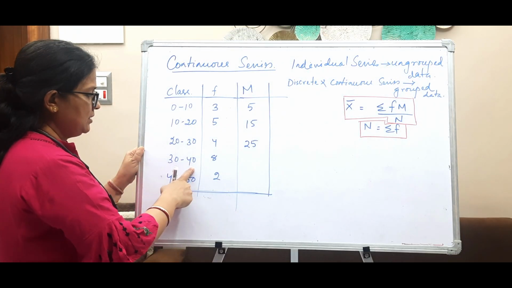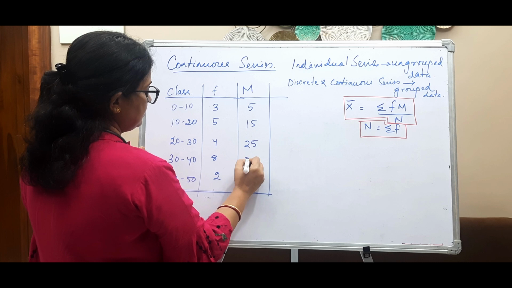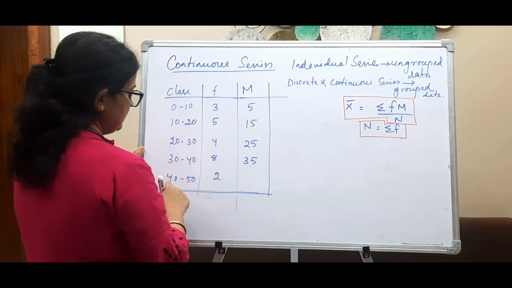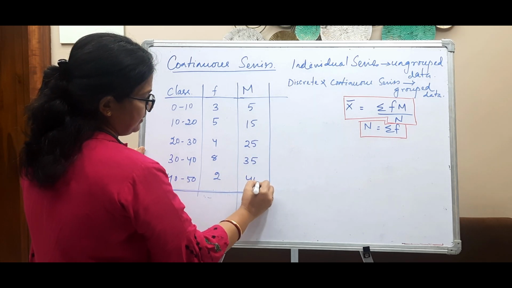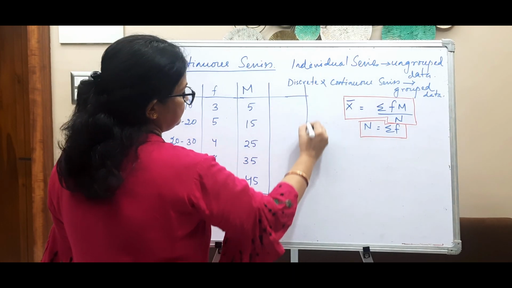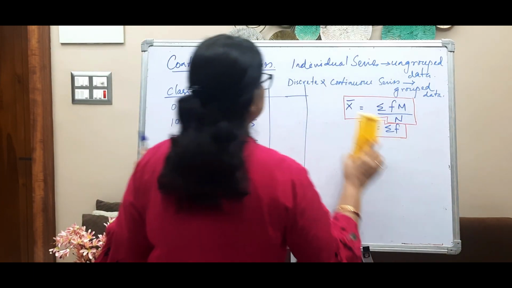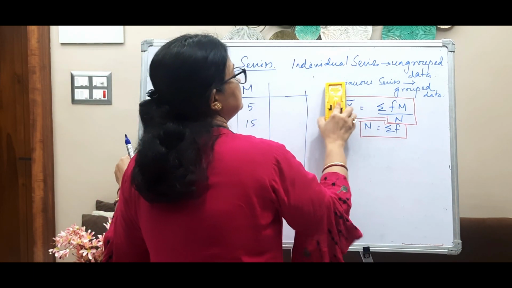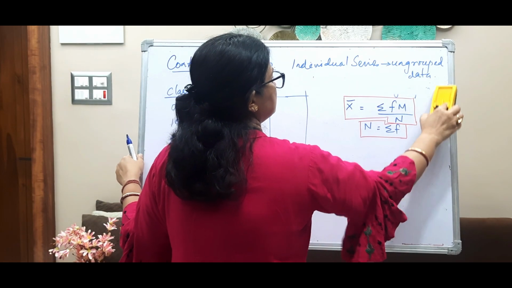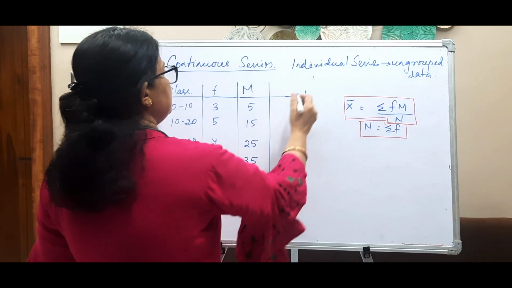The same way, 70 divided by 2 is 35, and 90 divided by 2 is 45. So see what we have done here. Let us remove this part. This is the frequency.